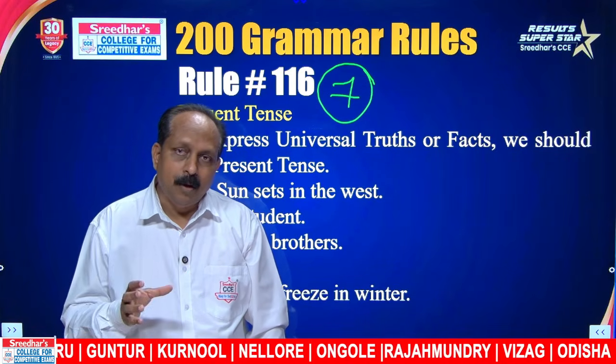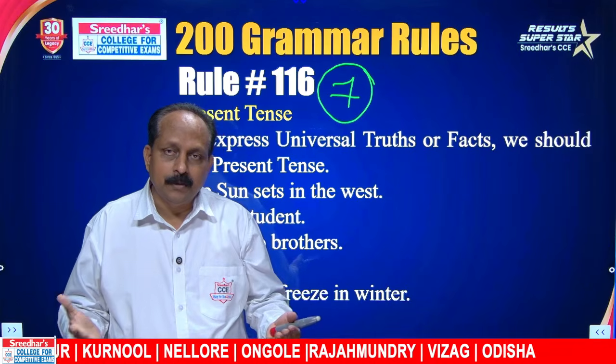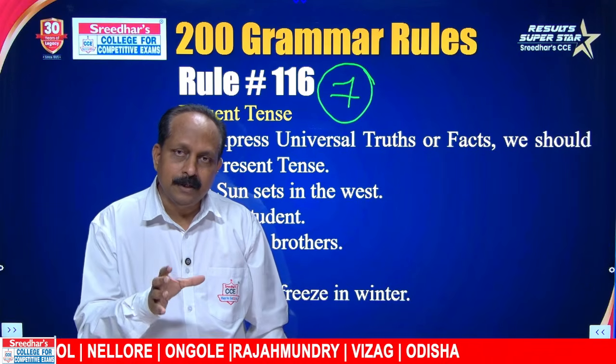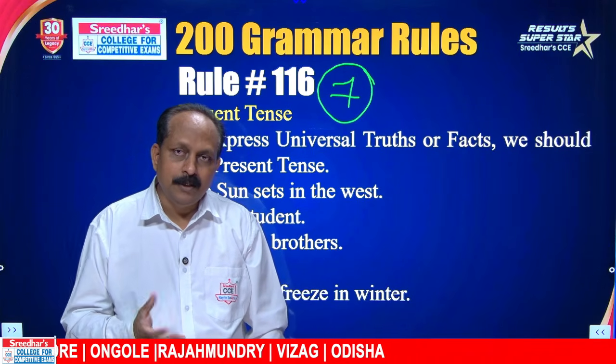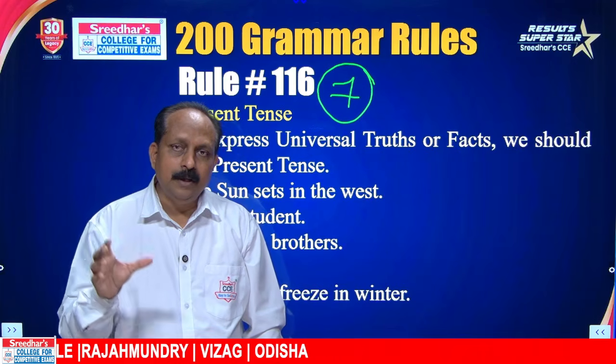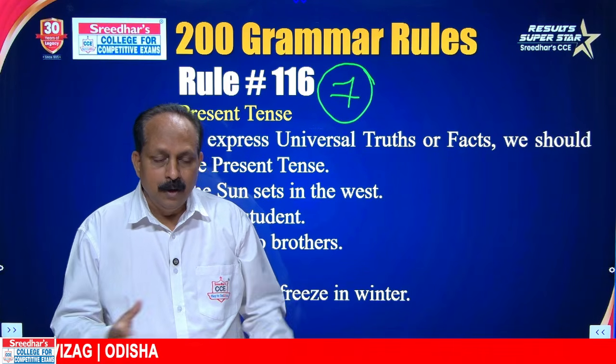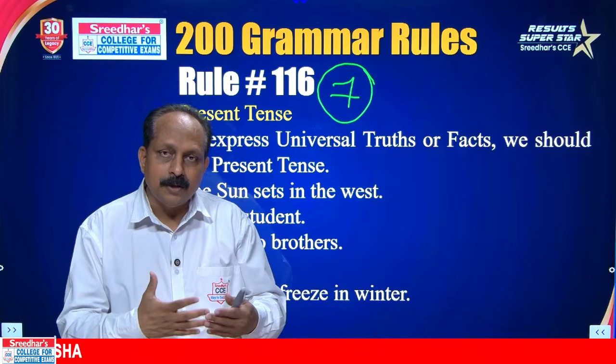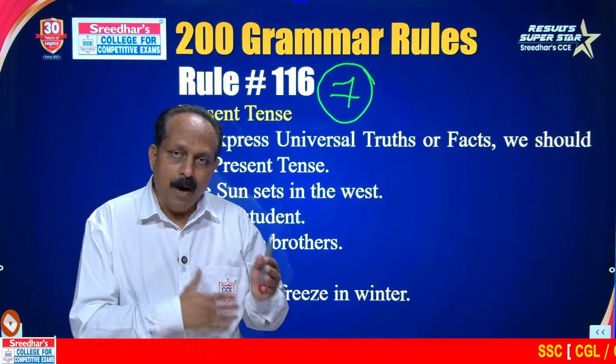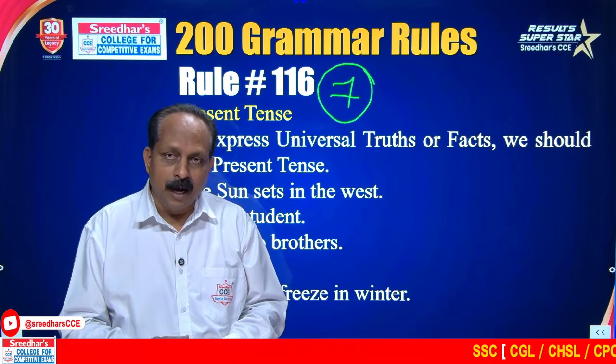For all the 7 topics, the first topic is a foundation. What is the first topic? Tenses. I always tell students, tenses are the key to English grammar. Tenses are the key to English language. If you master tenses, you can master English grammar. If you master tenses, you can master English language.